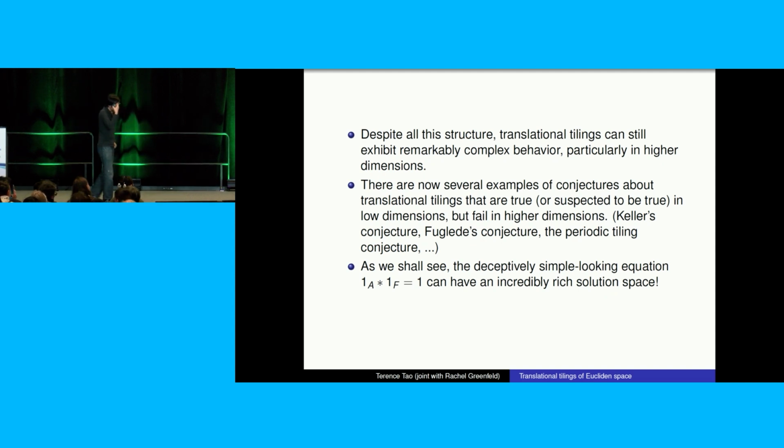What I like about these tilings is that on the one hand, they do have a certain amount of structure, so they're not just completely arbitrary equations, these tiling equations, but not quite enough to make them so rigid that they're boring, or completely algebraic. These are not the same thing, of course.